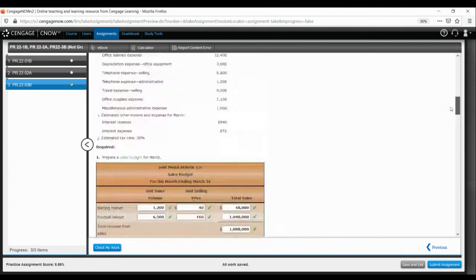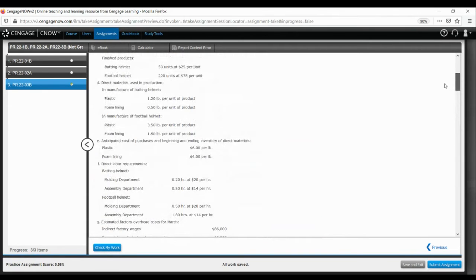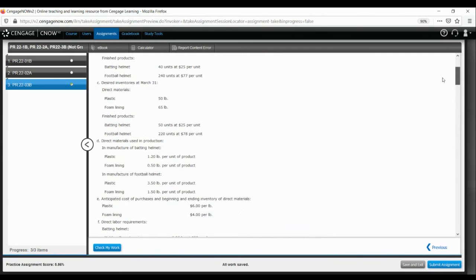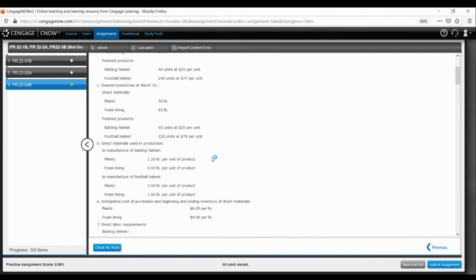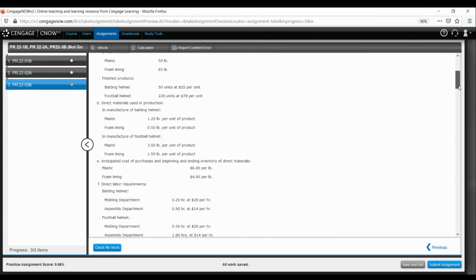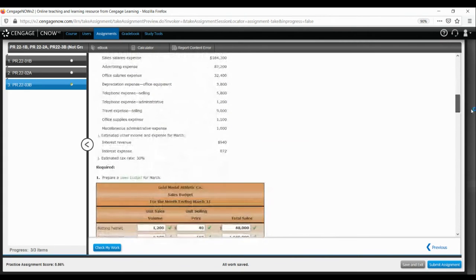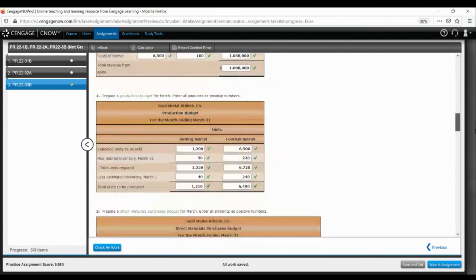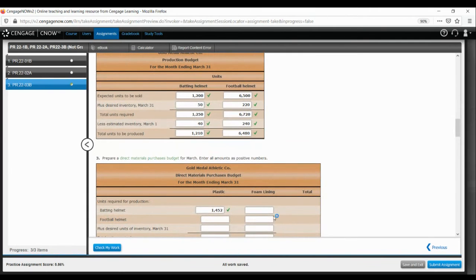I'm going to multiply that by the amount of foam lining that it takes to produce the batting helmet, which is 1/2 pound, and that comes from Part D. So 1/2 pound is going to be multiplied by the number of units for the batting helmets.